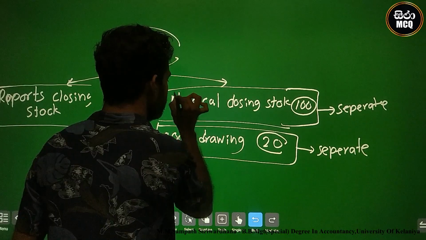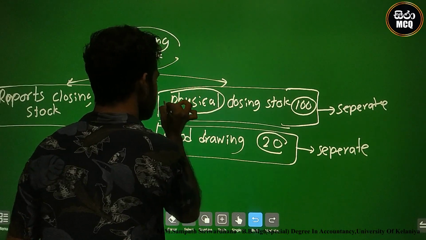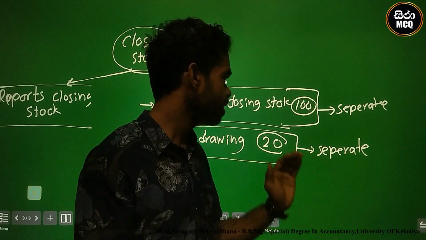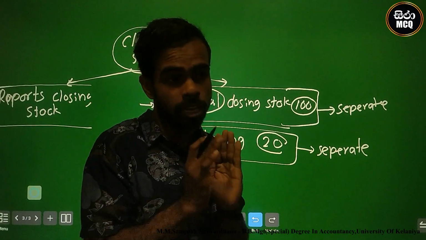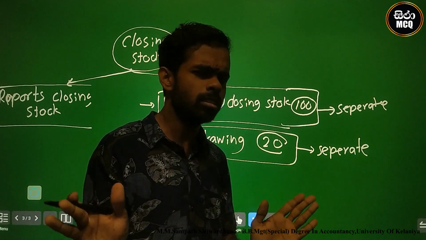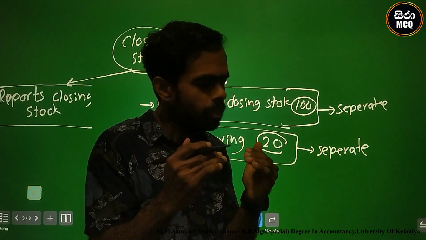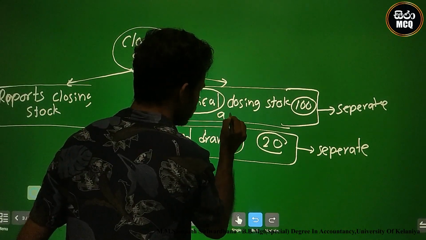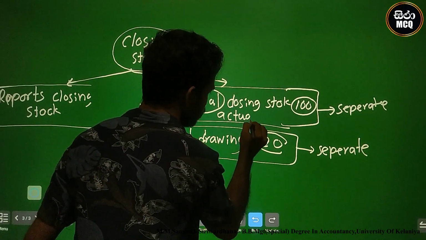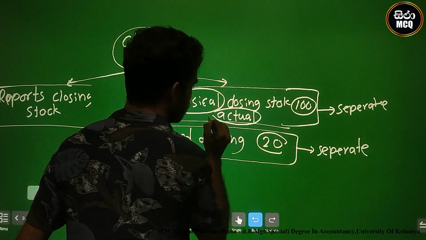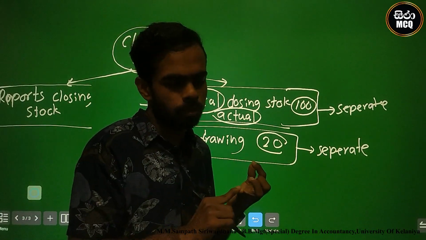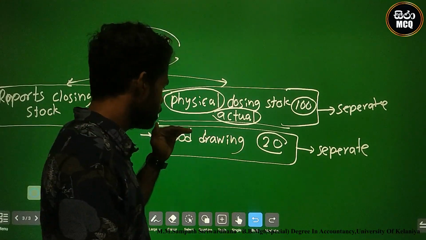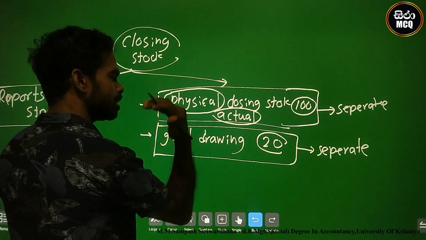This is the physical closing stock. Physical closing stock means there are no drawings in the closing stock. After the drawings, there is the physically actual remaining stock. Physical closing stock means actual closing stock. There are no drawings in the physical stock.